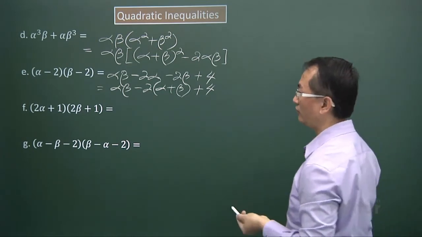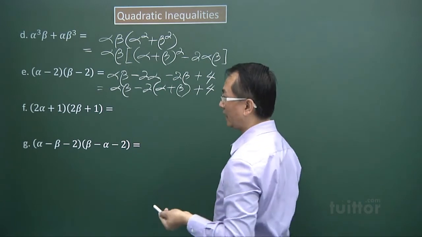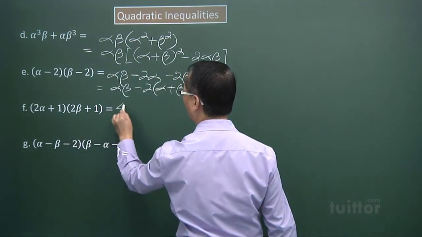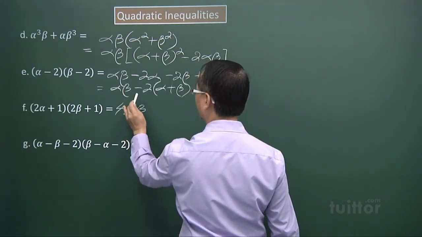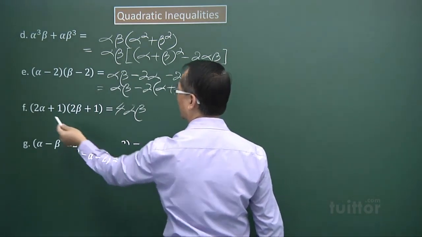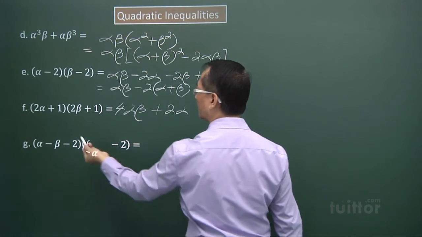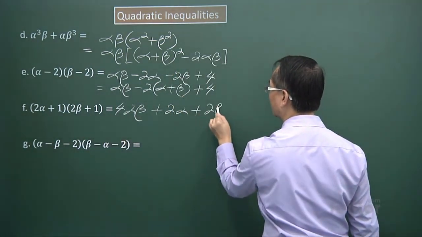For part F, again I'll be using the distributive law of multiplication. I'll take 2 alpha times 2 beta. I have 4 alpha beta. Then 2 alpha times 1, I have 2 alpha. Then 1 times 2 beta, so I have 2 beta.